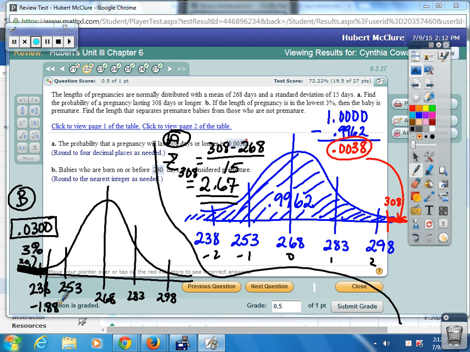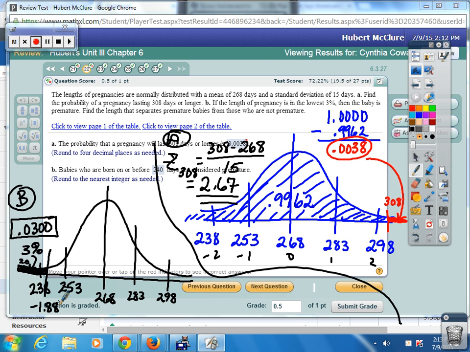It's going to be between 238 days and 253 days. Looks like around 240. So negative 1.88 won't tell us anything. We need to know how many days. So what is 1.88? That's a z-score, Hubert. That's right, class.